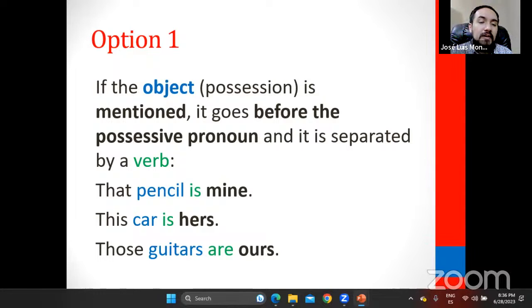Those guitars are ours. Even though we are mentioning the object, it is not next to the pronoun. If that's the case, this is valid, and there's no other way. If you want to use this order, it has to be like that.